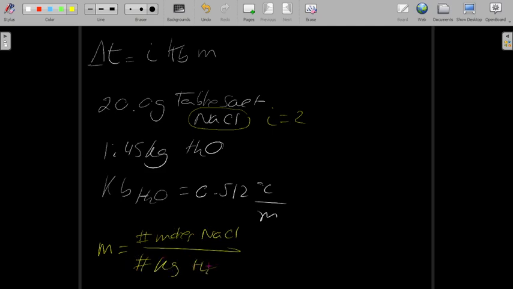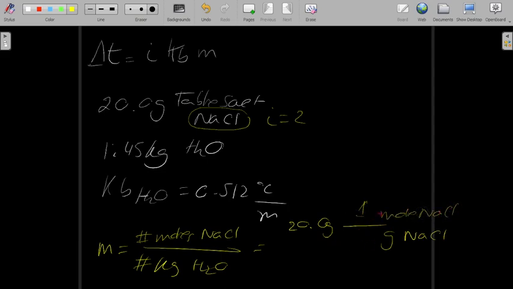Number of moles of our table salt divided by the number of kilograms of our solvent, which is water. I can find these because I know that I can translate my grams. I have kilograms already, so that's not going to need to be translated. But my grams are not moles, so I need to translate that. 20 times the grams here. I should have put the formula. 1 mole. 1 mole.